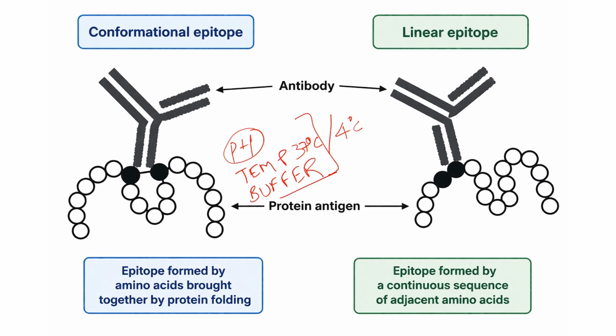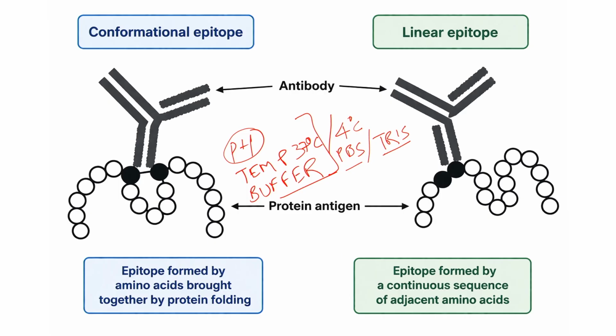Similarly, in buffer, there are normal buffers such as PBS, phosphate buffer saline, or Tris buffer, where we add some agent to support or stabilize the protein molecules. These buffers may fold different proteins differently.